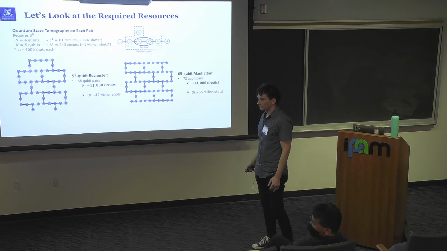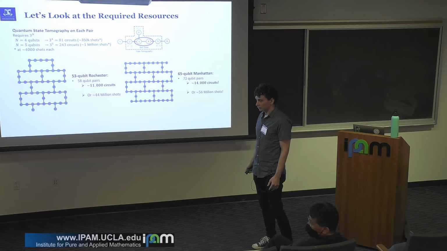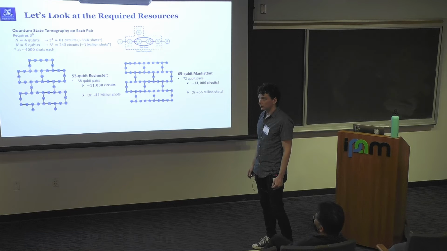So 3 to the n for state tomography is sort of an absolute minimal set. Have you done an overcomplete set to see if you get better results, to get the density matrix? So 3 to the n is the full set.